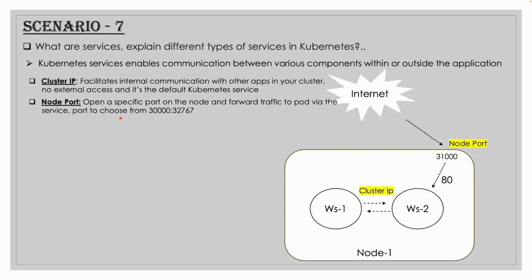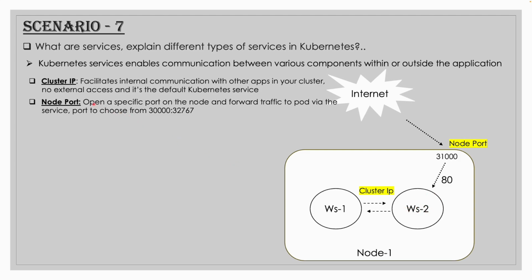The other one is node port. Node port basically opens a specific port at the node level. So suppose the communication is happening from internet. The request will come on this port, then the request will be redirected to port 80. Imagine this is Nginx.